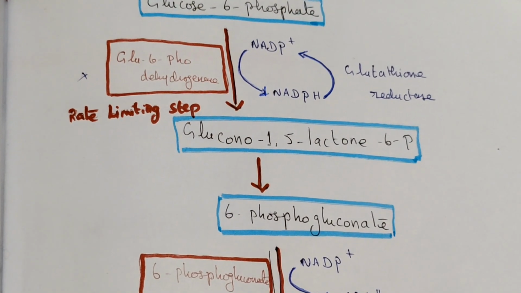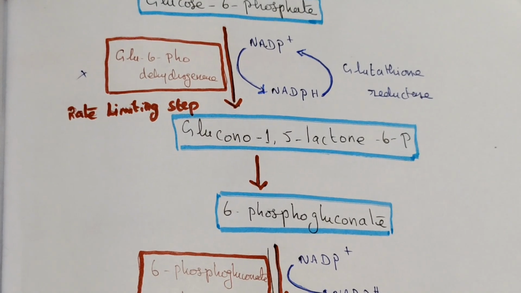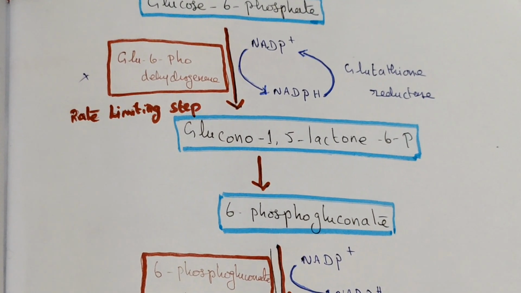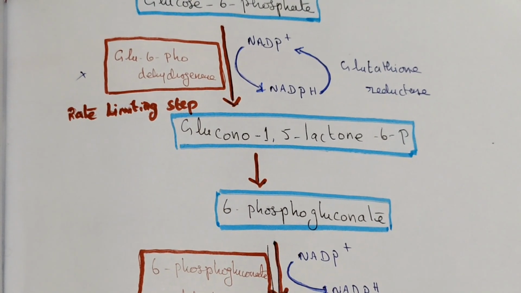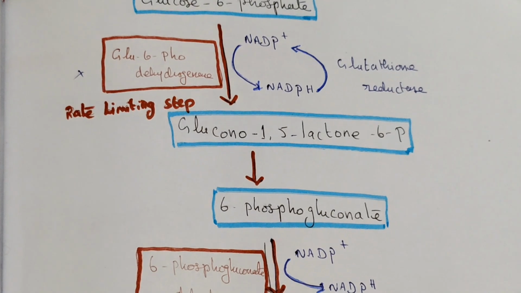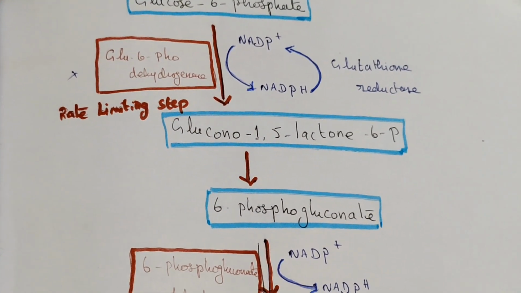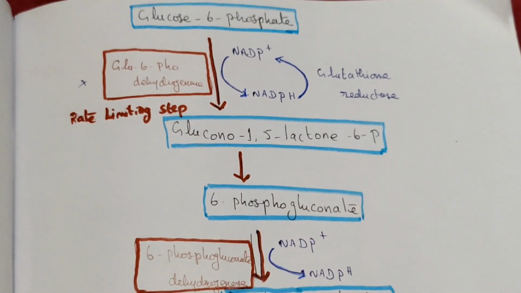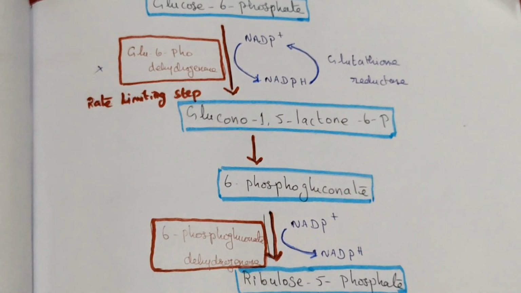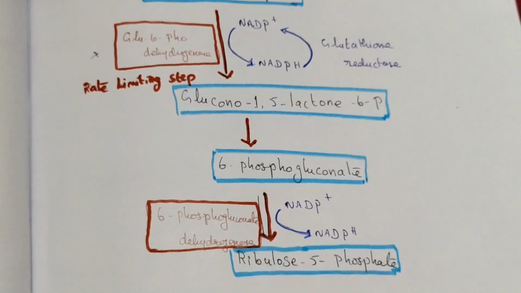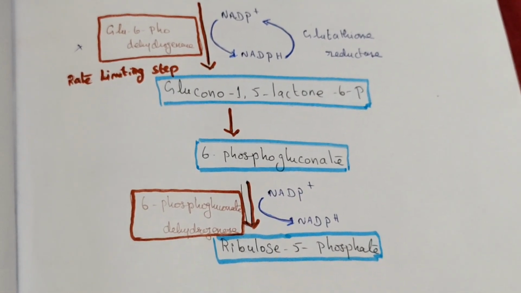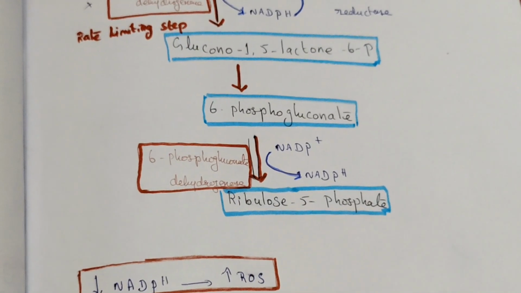Depending on the extent to which the glucose-6-phosphate dehydrogenase enzyme is affected, you can get even more reactive oxygen species, more damage to the RBC, but it depends on how much the enzyme's activity is affected, and it leads to the classification of glucose-6-phosphate dehydrogenase deficiency.